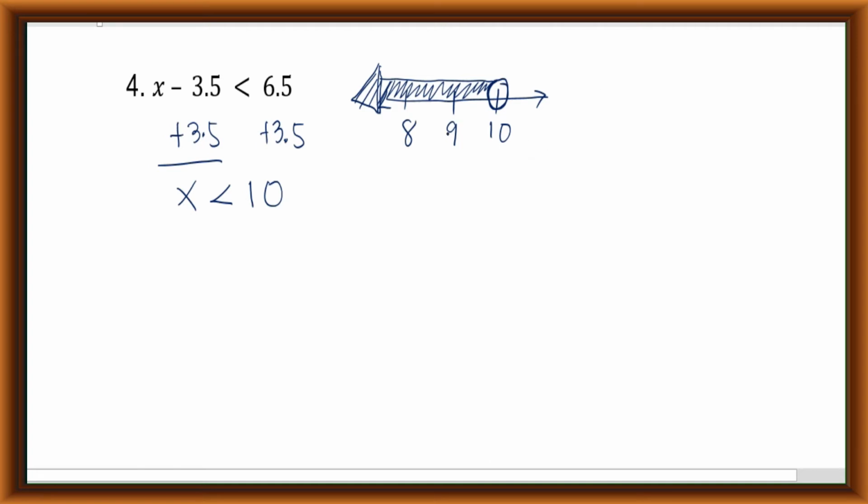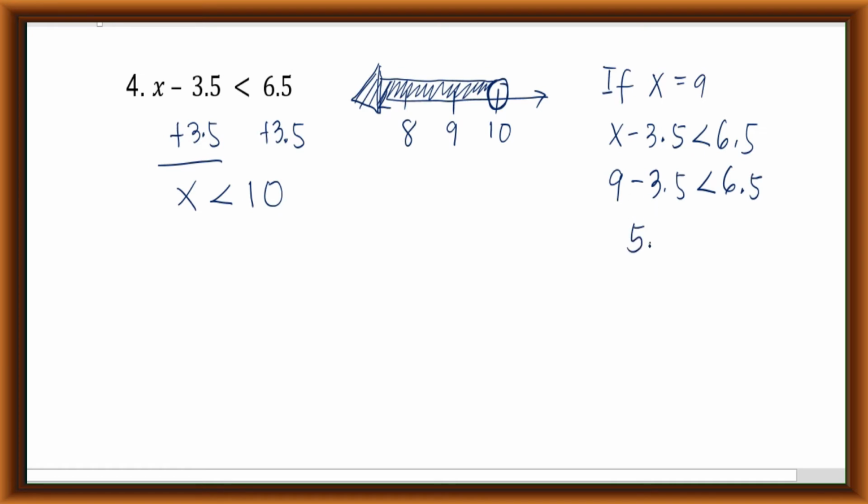Now we have the graph of our inequality. Let's pick 9. If x is equal to 9, to check our inequality, x minus 3.5, is it less than 6.5 if we substitute 9 for x? 9 minus 3.5 is actually 5.5.